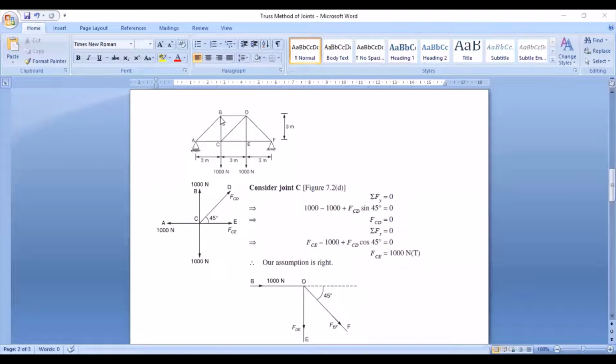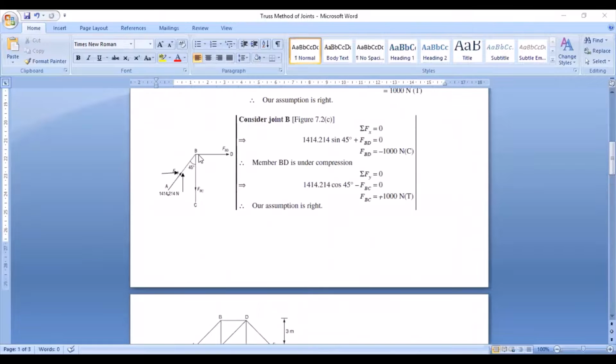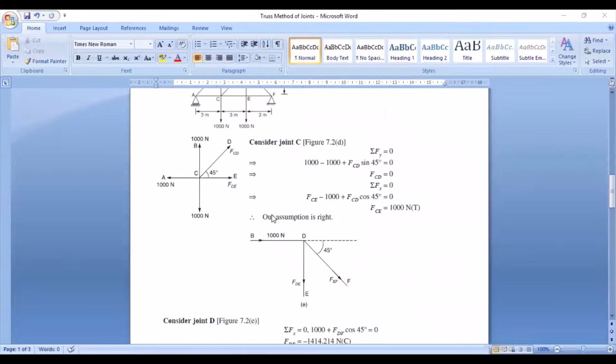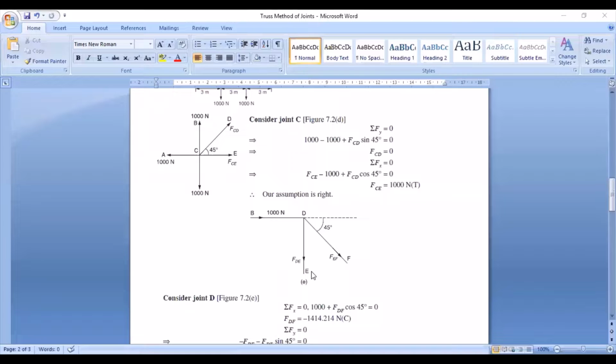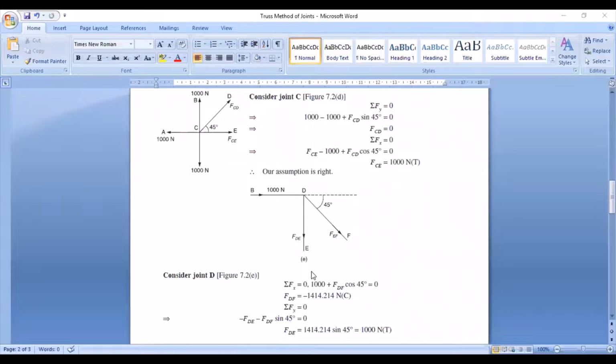So in this joint B, we had concluded that BD, which was with negative sign, it means that it has to be reversed. So it is moving towards B. Thereby for D also it will be moving towards D. So it is moving towards D. Now next, DE is unknown to me. Similarly, DF is also unknown to me.